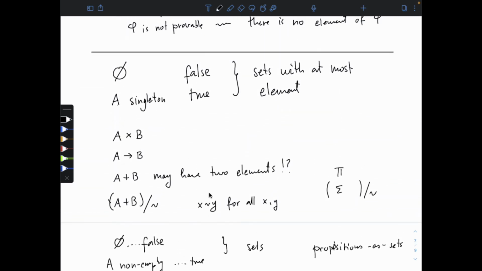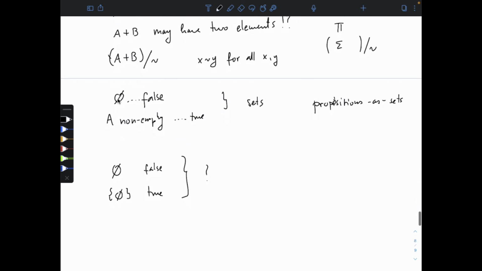Here I had huge amounts of sets because singletons form a proper class. But now I just have two sets. Yes, congratulations, you discovered the Boolean algebra too. That is the third option. But it's just the Boolean algebra 2, which we already know.